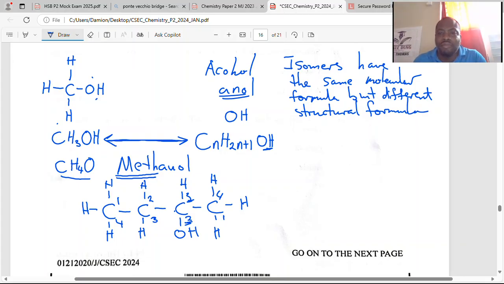So they have the same molecular formula, but when you look at the structure, they are different. I'm going to be using this as an example. Now, there are two ways to form isomers. One way is moving the functional group. Well, let me not say easy, but you can relate to it with the alkenes and the alcohols.